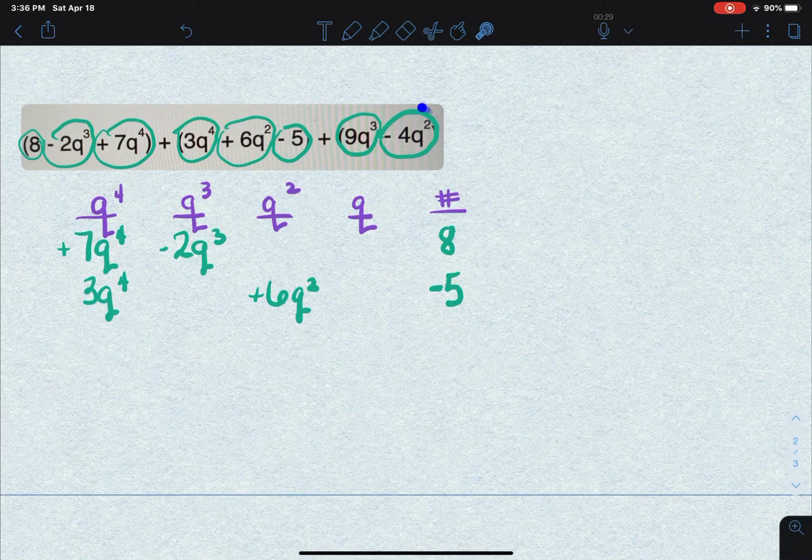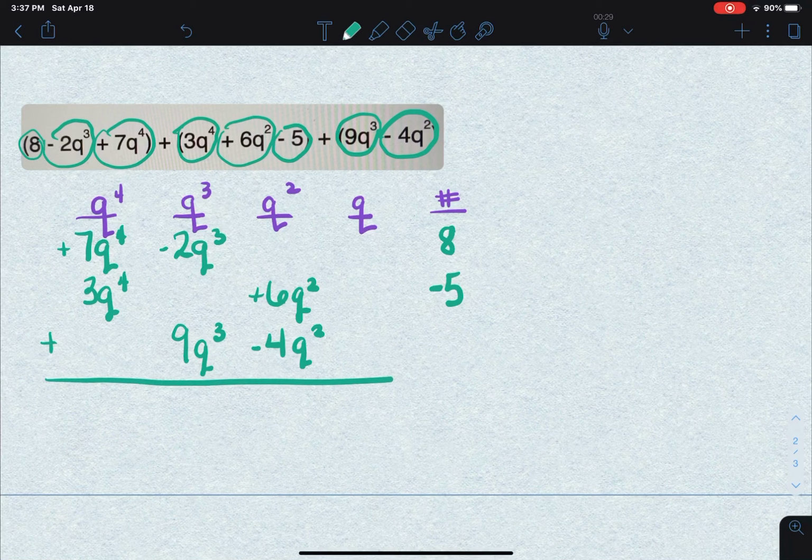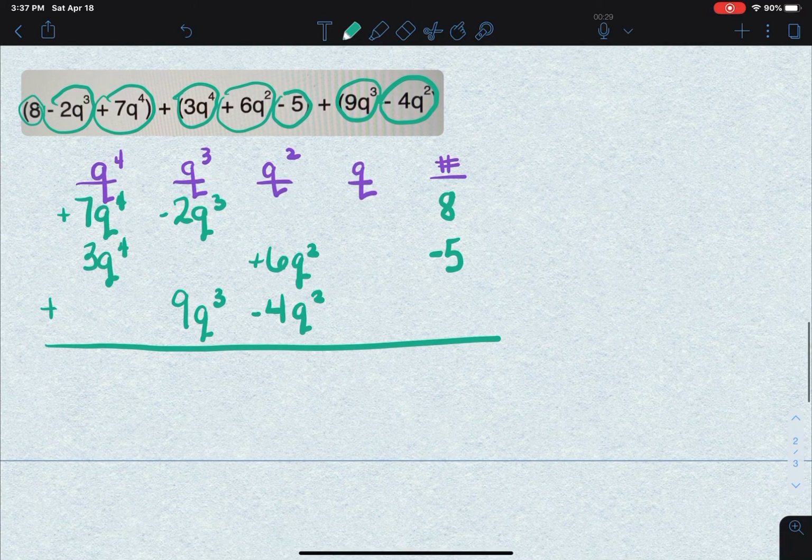Now I'm going to take this third parenthesis and I'm going to put it in the third row. So let's see, 9q to the third minus 4q to the second. So as soon as, again, all of this is sorted into the right columns down here, do a plus sign and draw a line so I can start to total.